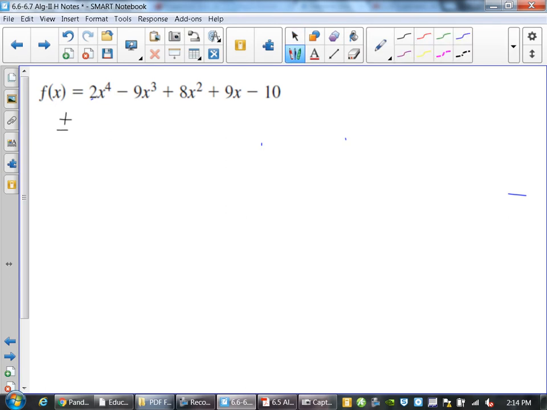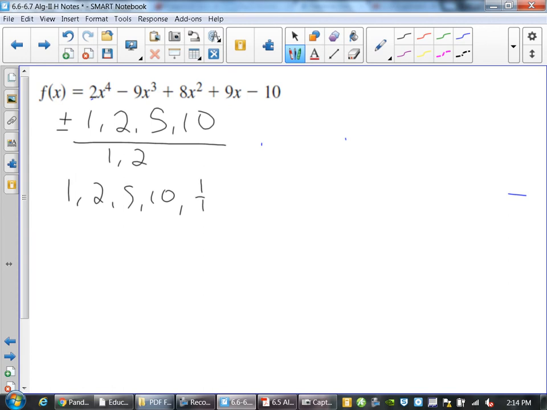So I have plus minus 1, 2, 5, and 10 divided by 1 and 2. This means I could get fractions. What I want you to notice here is that you get 1, 2, 5, 10, 1 over 2, 2 over 2, 5 over 2, and 10 over 2, and the negatives, plus minus.